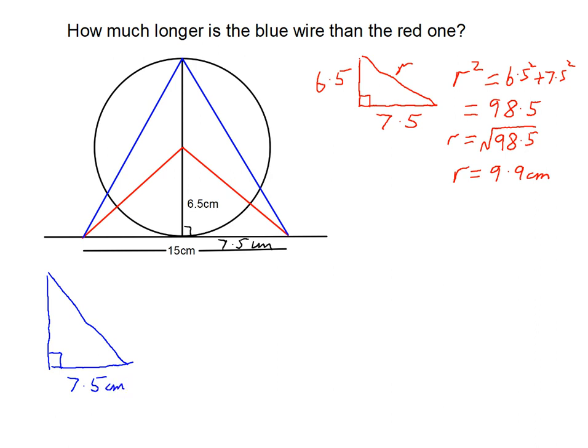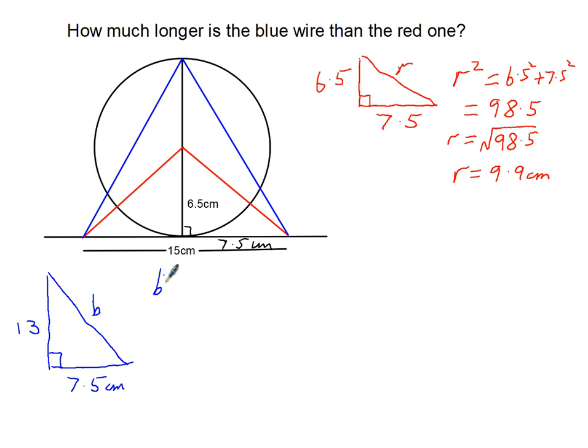So the base is still 7.5 centimetres, but the blue wire goes right to the top of the diameter here. And now remember earlier we said that this length here was 6.5 centimetres, and that is a radius, so the diameter is going to be twice that length. So 6.5 times 2 is 13. And I'm going to call this B for blue.